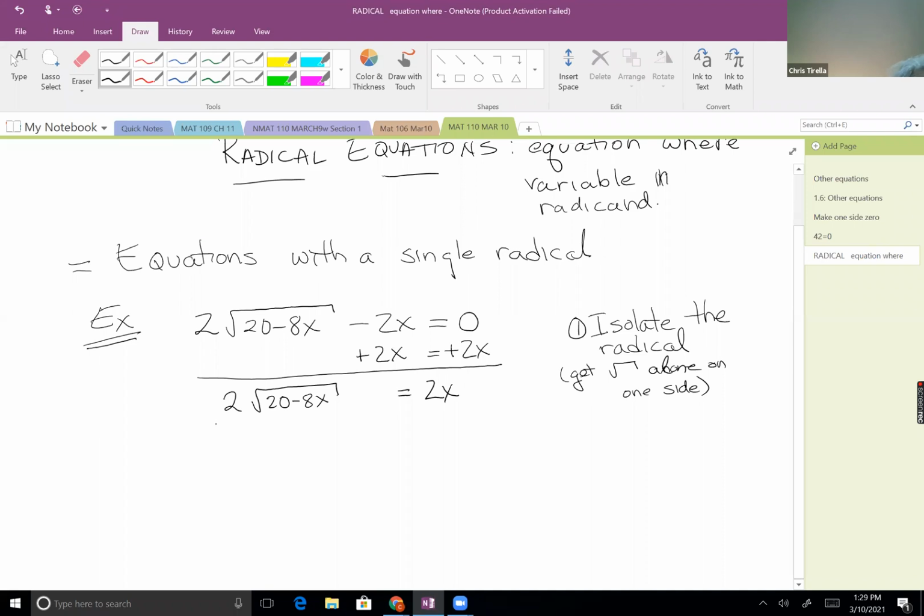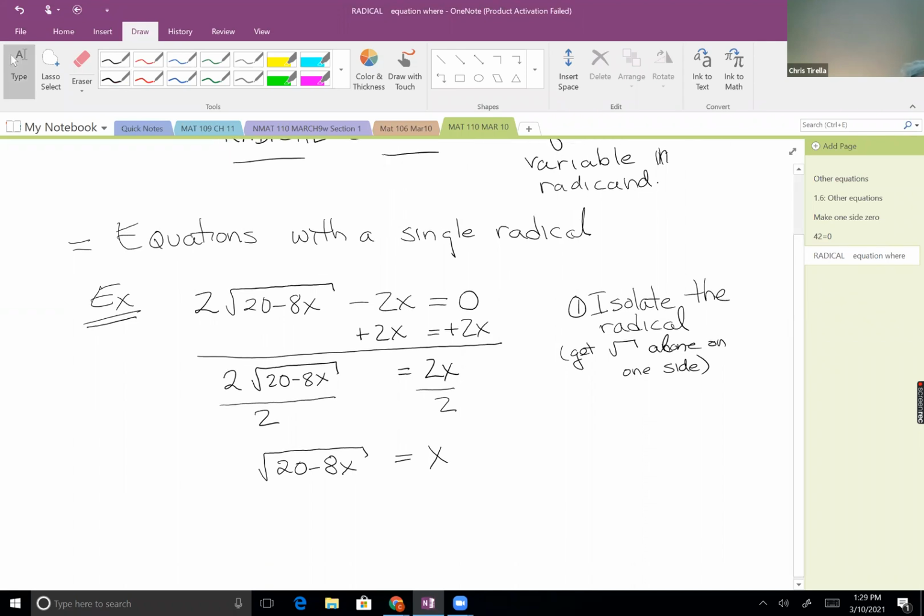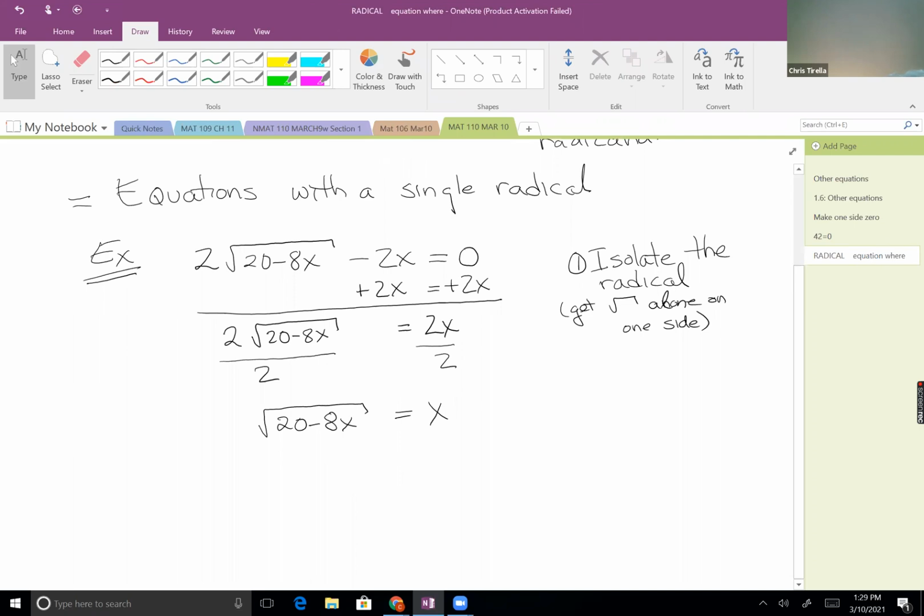So now I'm going to take both sides of that equation and divide by 2. So I'm left with that square root of 20 minus 8x is equal to x.